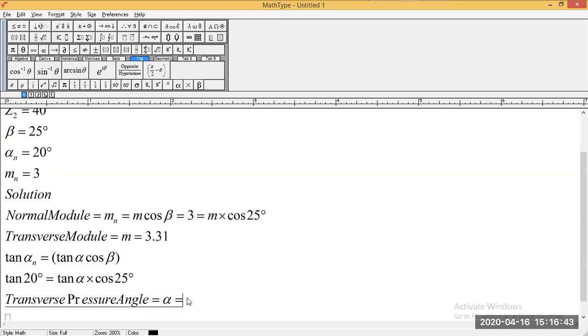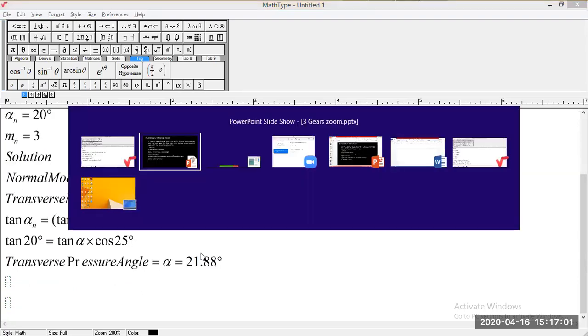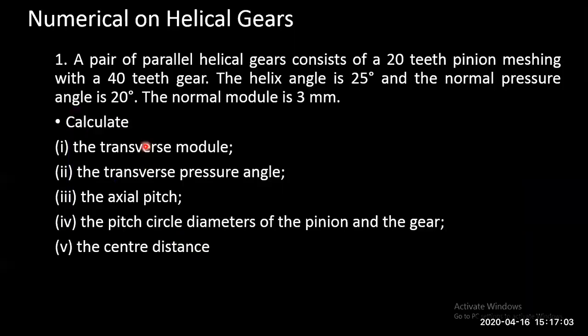So this is coming around 21.88 degrees. Right? So this is how we calculate the transverse values. I hope you have got the same answers. Let me know if I'm wrong. Right, let's move on. So transverse module is done, transverse pressure angle is done.